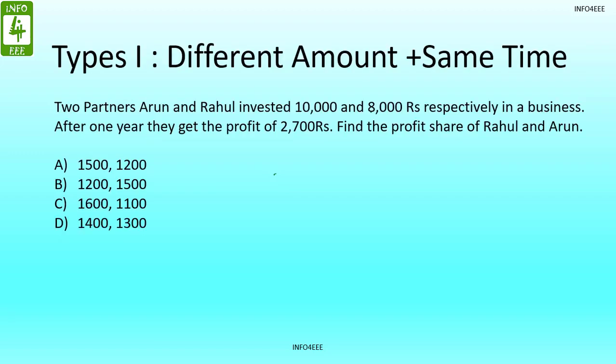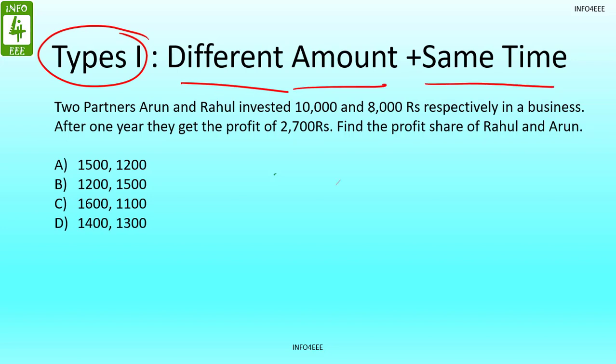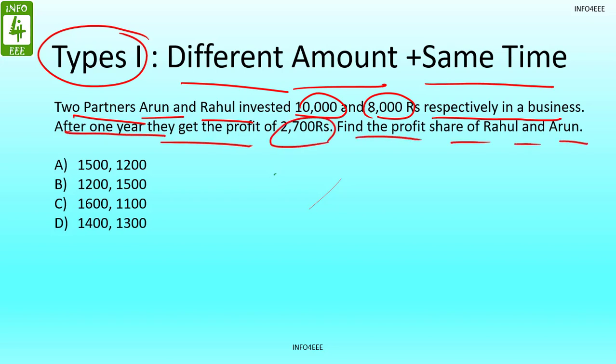So the first type of question is when different amounts are invested for the same time. Two partners Arun and Rahul invested 10,000 and 8,000 rupees in a business. After 1 year, they get a profit of this. Find the profit ratio of Rahul and Arun. So if you see here, they invested different amounts but for the same time.